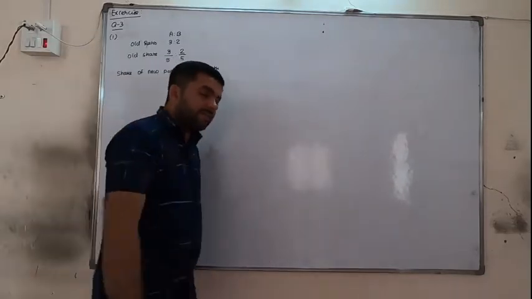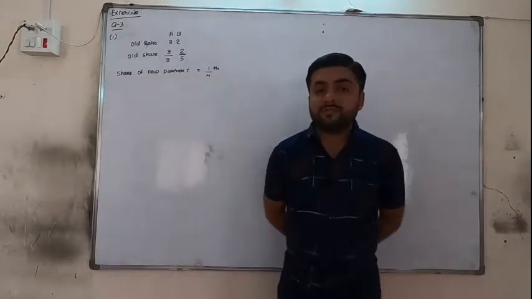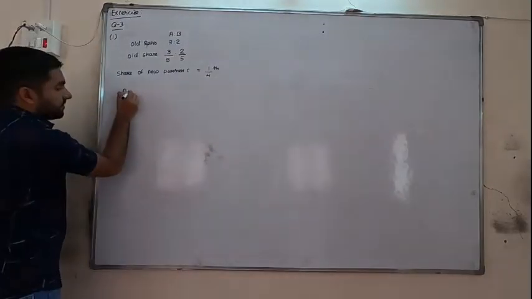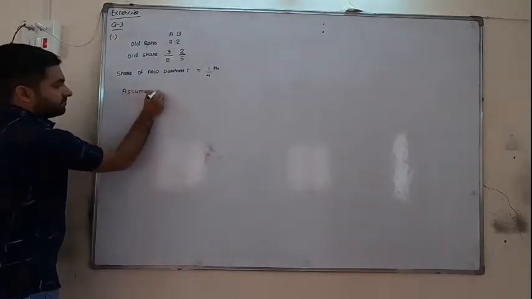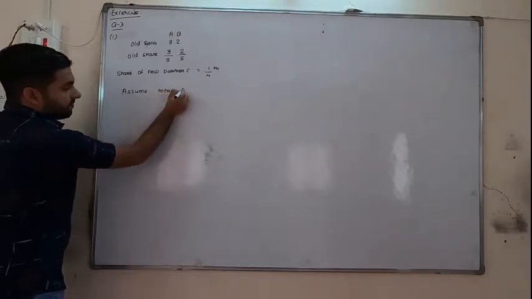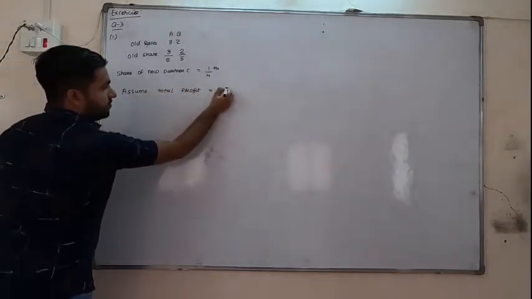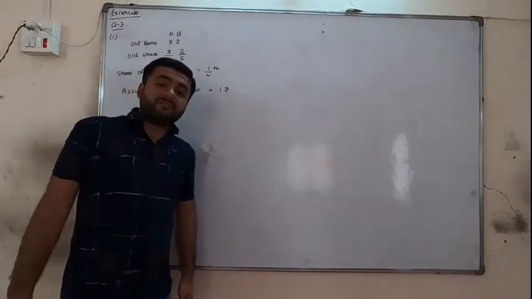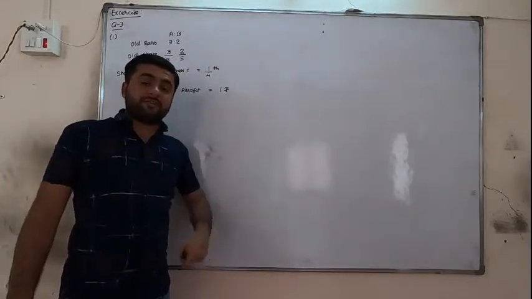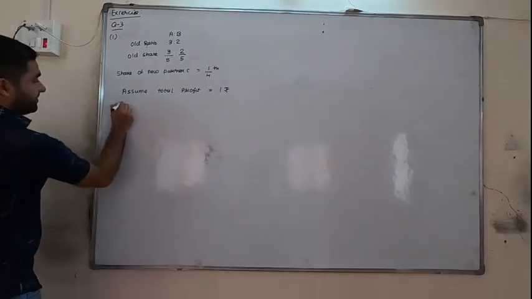So now I have given the steps. How to solve the sum? First start by assuming total profit is equal to 1. After that, as we have total profit, now we are finding the remaining profit.